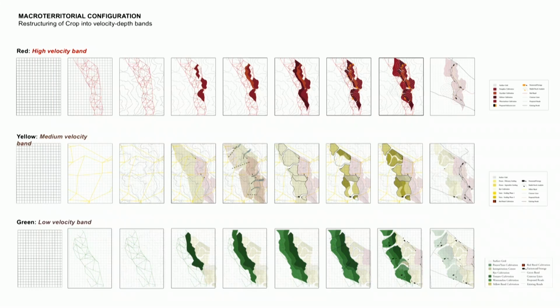All of this was a step towards demarcating it on a macro territorial basis, where we were dividing those green and red bands that we saw previously into different areas, where each segment was allotted to different crops, and it led to a gradual formation of a sandscape, which we will see further as well. At the northeasternmost edge of the site, we had pumpkins, and you can see some of the labor dynamics that we had researched as well.